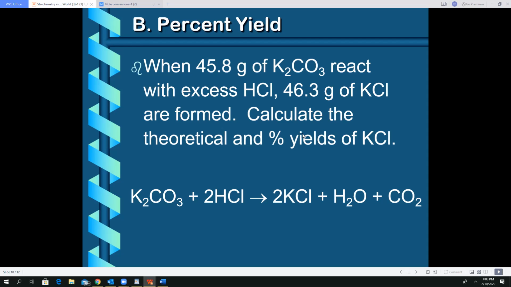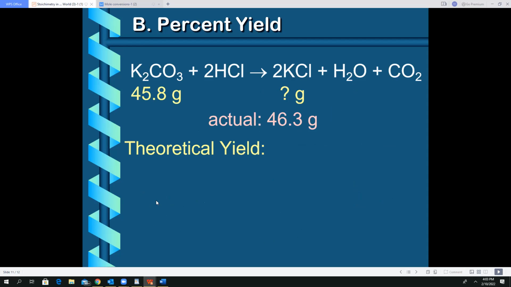All right, so they're asking you, what should you have made if you hadn't had a problem? All right, so what you do is you take that 45.8 that they used and calculate it using your equation. Okay, that's your question. That's how much you have, right? So when you do that, you are going to need the molar mass of potassium carbonate, and you know how to calculate it. So we're not going to actually calculate it. All right, so here we go.